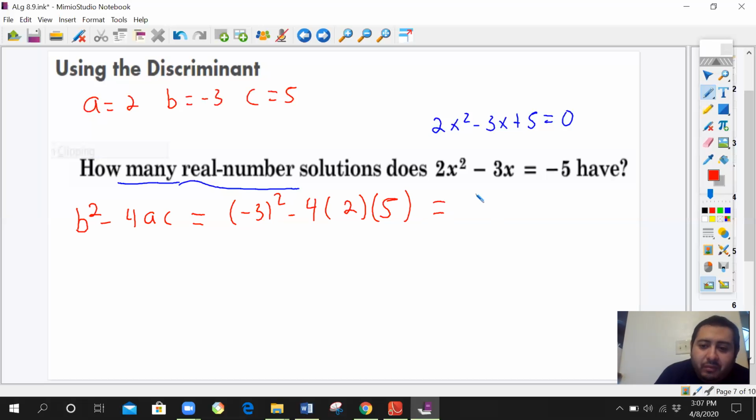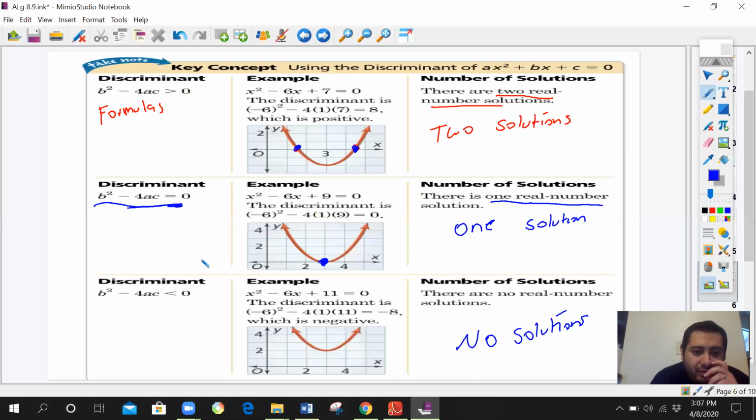-3 squared becomes 9. 2 times 5 is 10, times 4 is 40. So 9 minus 40, you end up with -31. Now this -31 is less than 0. We go back to this section.